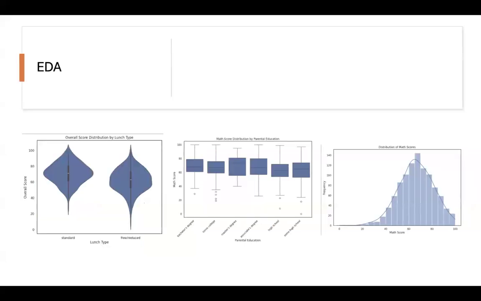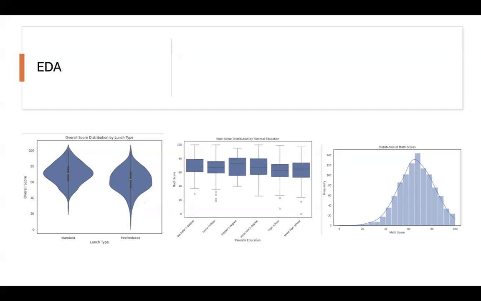So we have some more little plots that I like to look at. Have a violin plot looking at overall score to differentiate between standard lunch and free or reduced lunch.